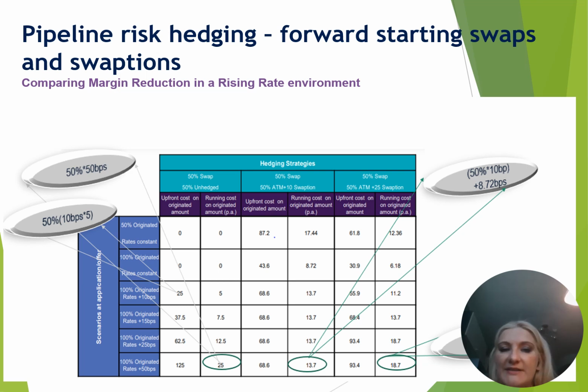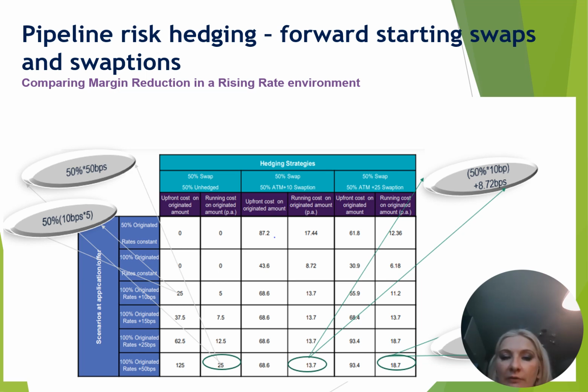So when the rates move up by 25 basis points, again, we have 10 basis points which is not hedged, but the rest is already hedged. The swaption has been exercised, has been transacted, and therefore it is hedged. So only 10 basis points is unhedged. Of this, 50%, so 5 basis points, plus the cost of the option.